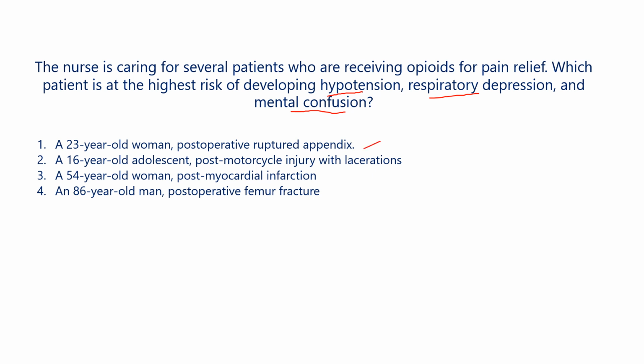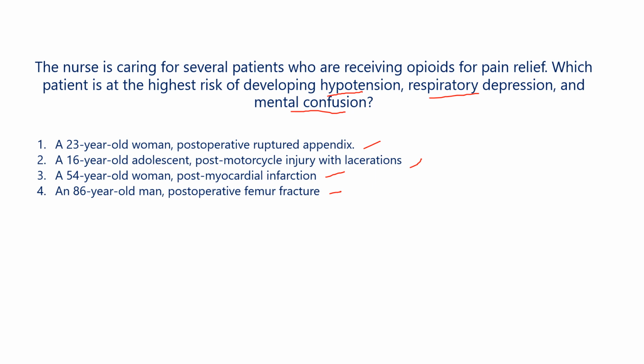Number two, a 16-year-old adolescent post-motorcycle injury and lacerations. Number three, a 54-year-old female post-myocardial infarction. And number four is an 86-year-old male post-op femur fracture. So pause and see if you can give me the answer.